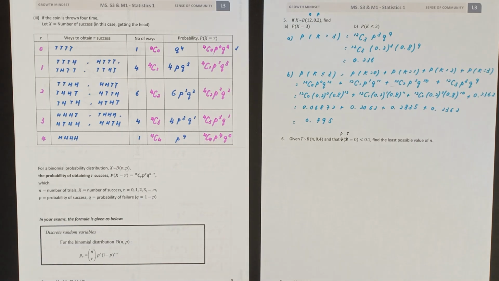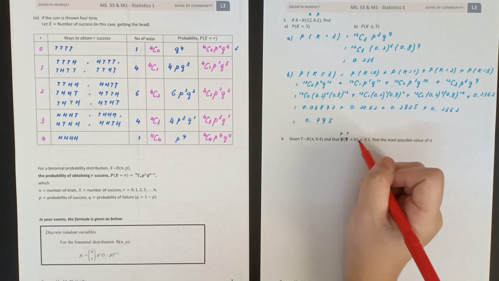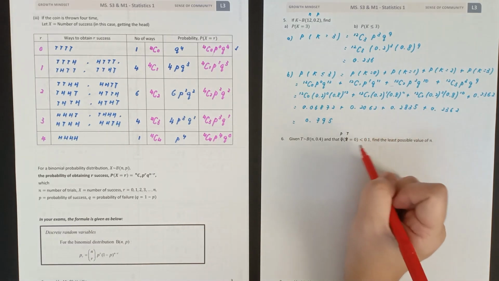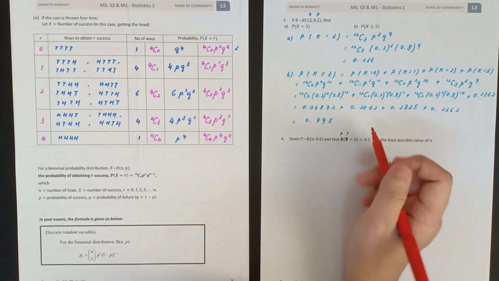Find the least possible value for n. This question is similar to the one we did just now, the minimum number of shots in question 4. This is much easier because they already give you everything, so you do not need to model the distribution yourself.